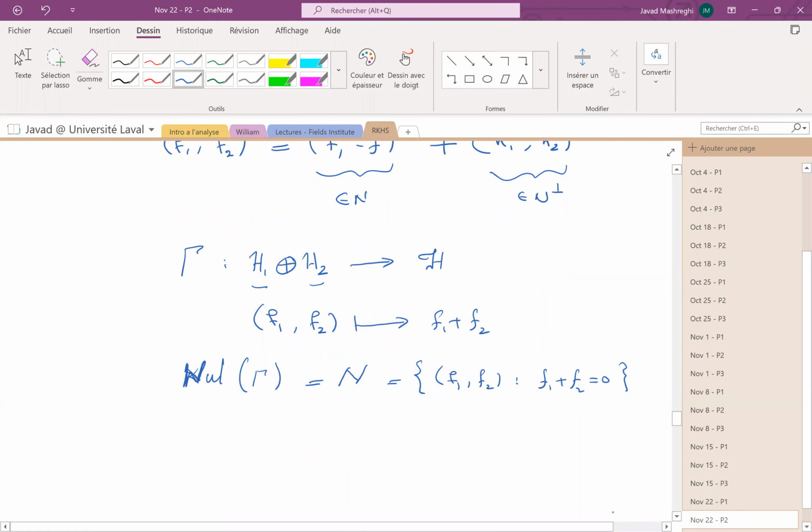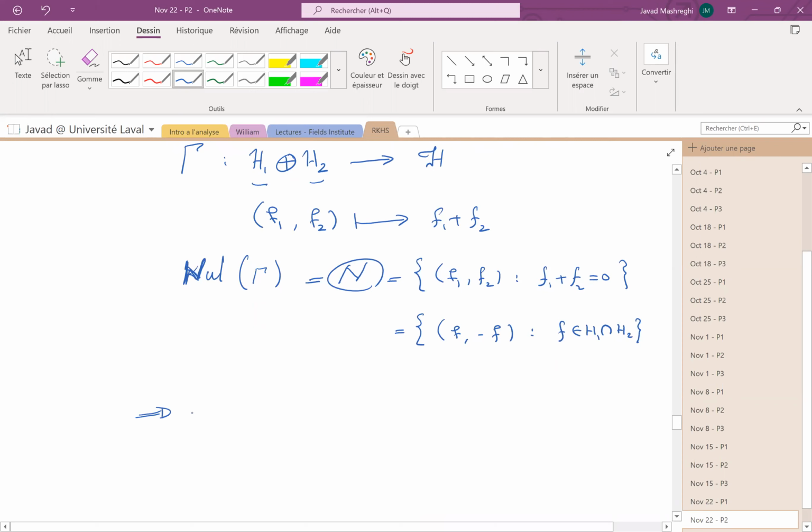When this is the case, f2 is minus f1, so we can write it as f, minus f, and f is at the same time in H1 and in H2. This is the space we call N. So the null space is N, and therefore we can say that if we restrict gamma from N perp to H, we obtain a mapping which is bijective.